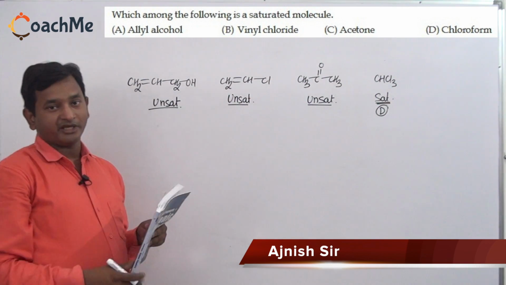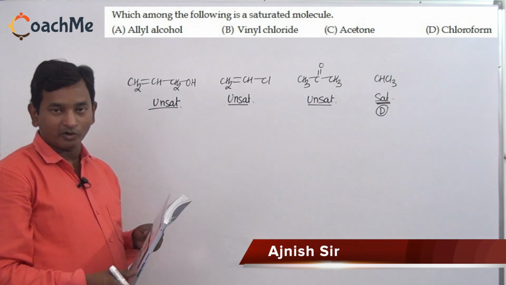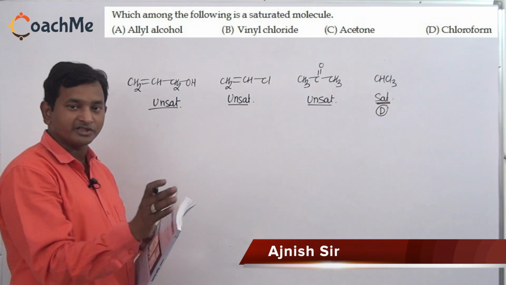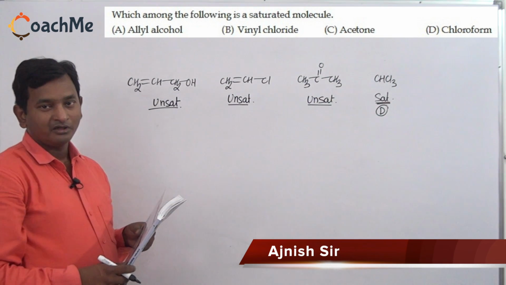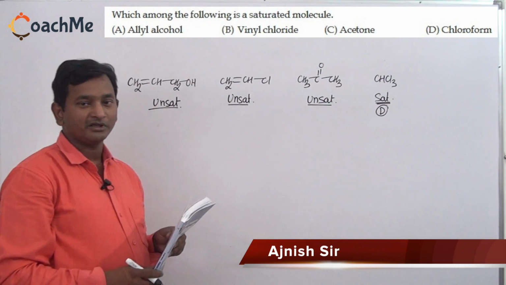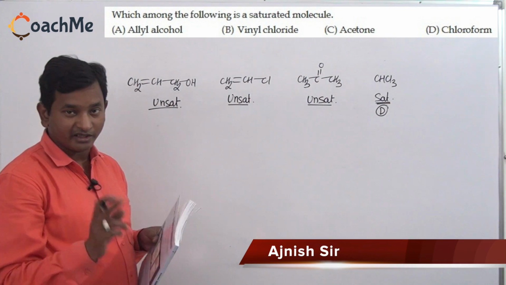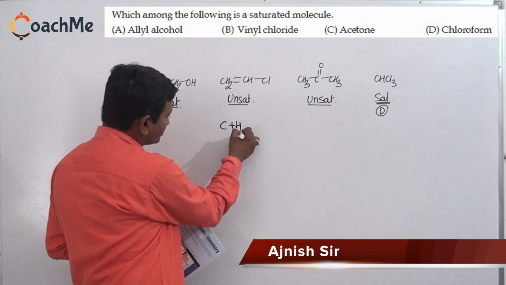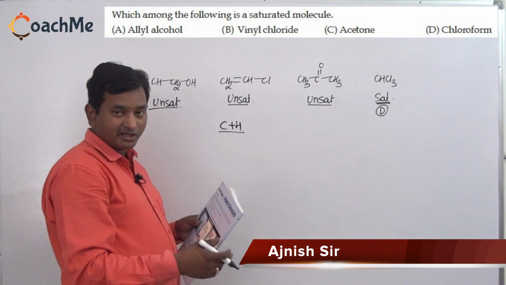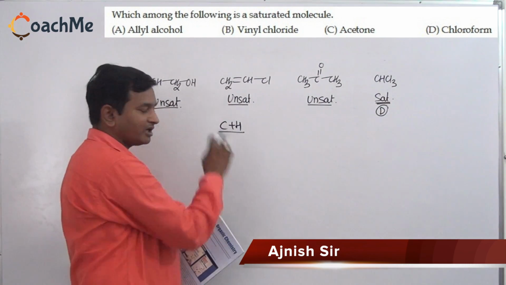You should also be careful when we think about saturated and unsaturated molecules and also saturated and unsaturated hydrocarbons. When a question is asked about saturated and unsaturated hydrocarbon, then the molecule will only contain carbon and hydrogen. If a molecule only has carbon and hydrogen, then such molecules are called hydrocarbons.